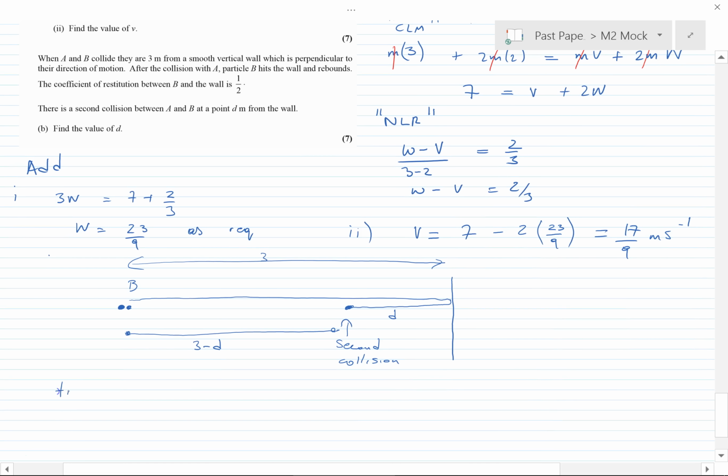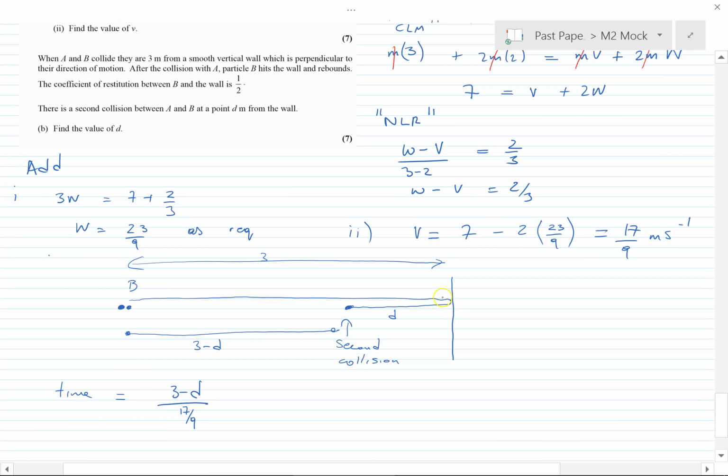Now we can use this to set up an equation because it's done in the same time taken. Let's consider the easy one first, which is A. The time taken is going to be equal to the distance divided by the speed. And A doesn't change. So we've got the speed of A, which is V, 17 over 9, so 3 minus D over 17 over 9. Okay, but B does change its speed.